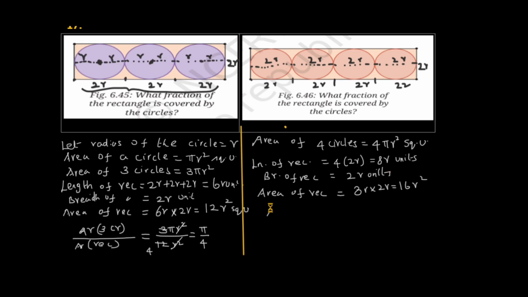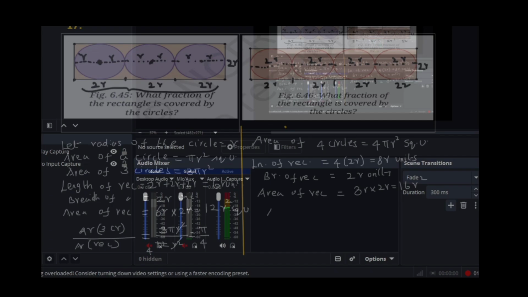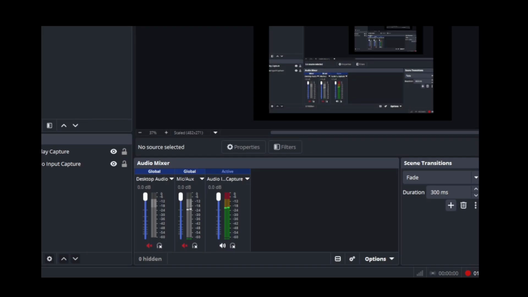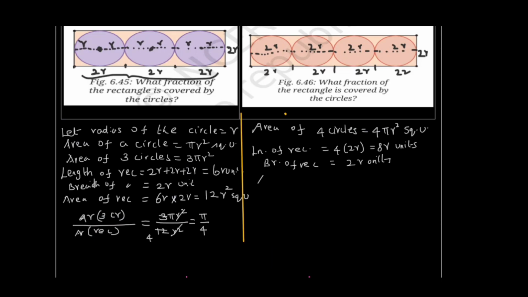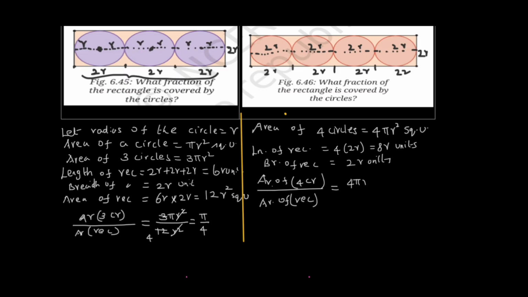Now to find the fraction, area of 4 circles divided by area of rectangle is equal to 4 pi r squared divided by 16r squared. r squared cancel.